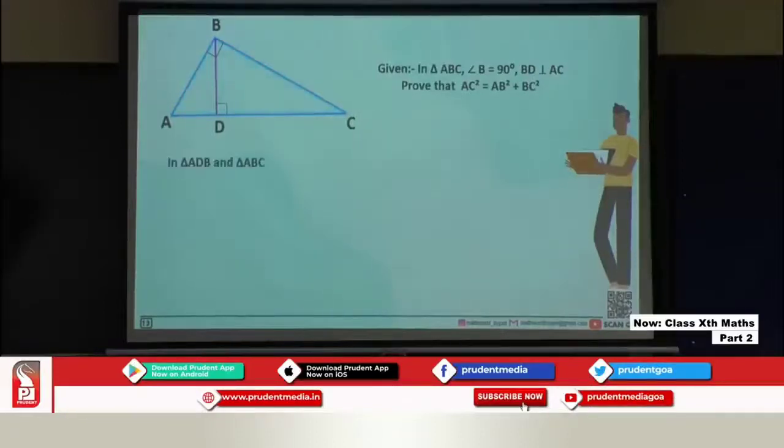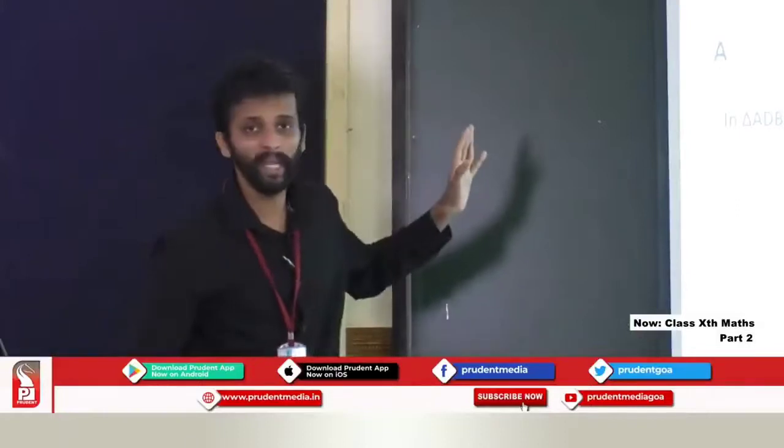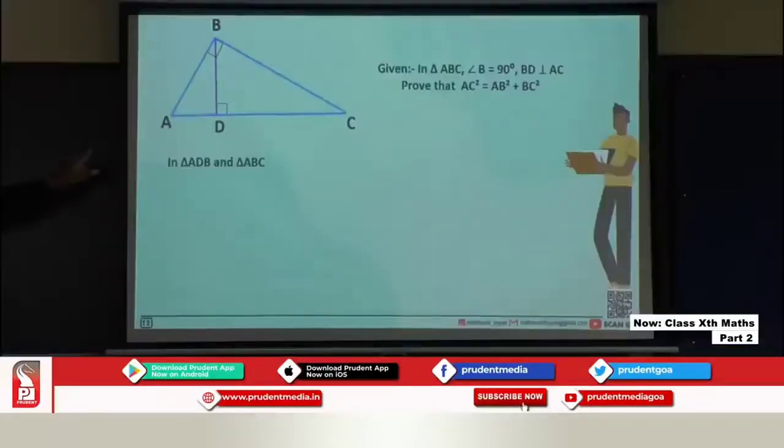In these two triangles ADB and ABC, if you very carefully observe how I am naming them, I started with A, then I went to the angle which was perpendicular, that is D, and then to the other angle, that is B, for the smaller triangle.